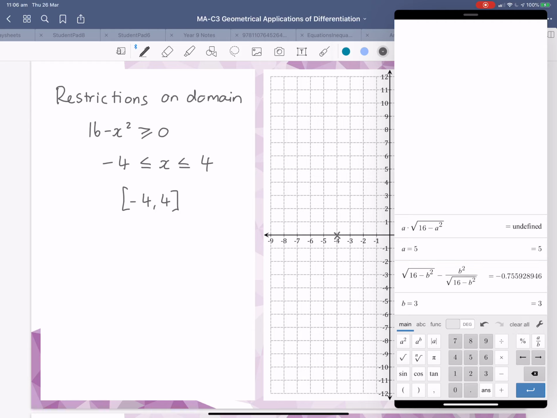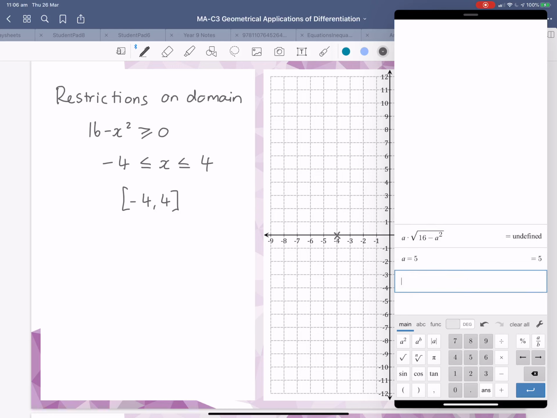So I might just clear those and just put in some other values. So if a is 3, I get, sorry, I might do negative 3 first.